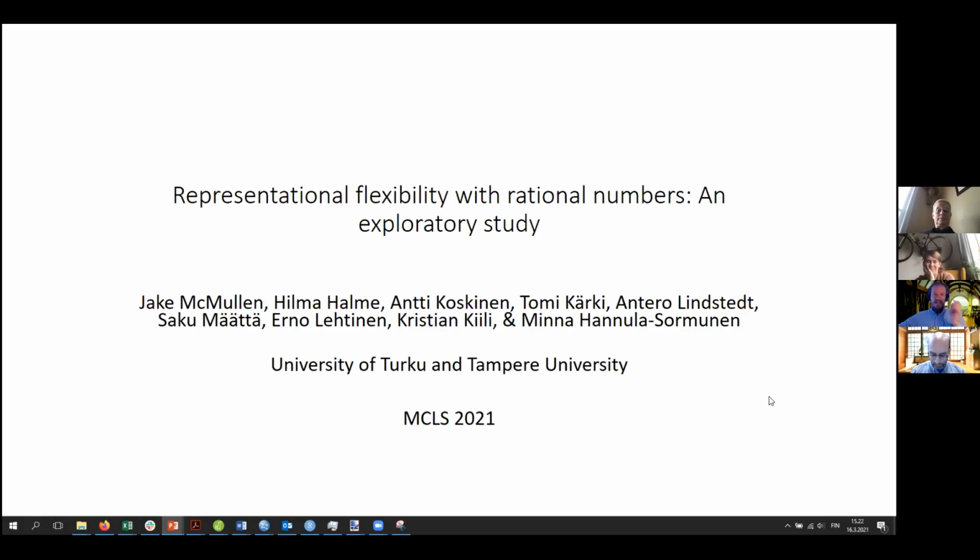I used representational flexibility with rational numbers in my abstract, but basically we can think of this as the cross-notation knowledge, looking at it from a slightly different perspective in terms of other types of tasks that are measuring this. This is together with my colleagues from the University of Turku and Tampere. I won't name everyone here, but you can see those names there.